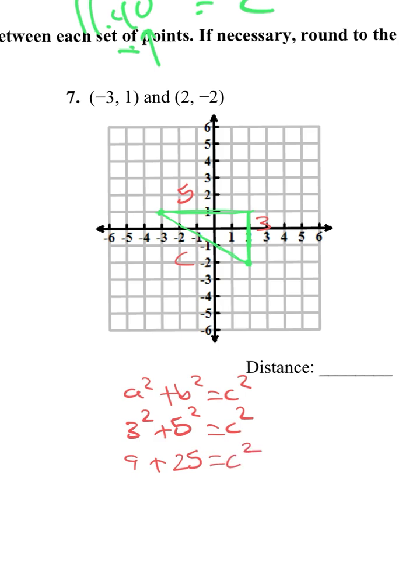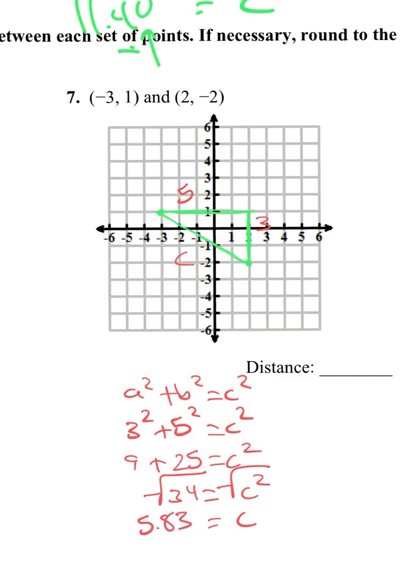So 9 plus 25 is 34. And that's equal to c squared. Okay, and then to find the value for c, we got to take the square root of both sides. And I'm left with c equals the square root of 34 is 5.83.